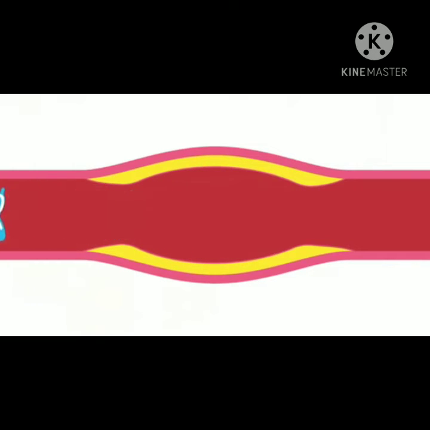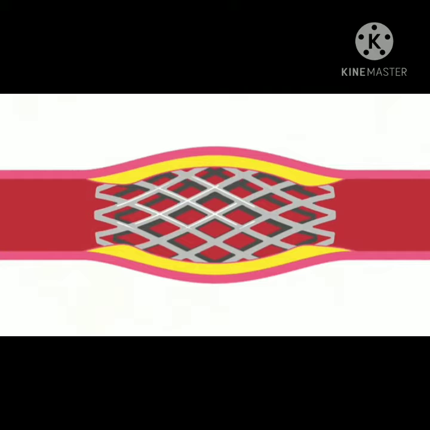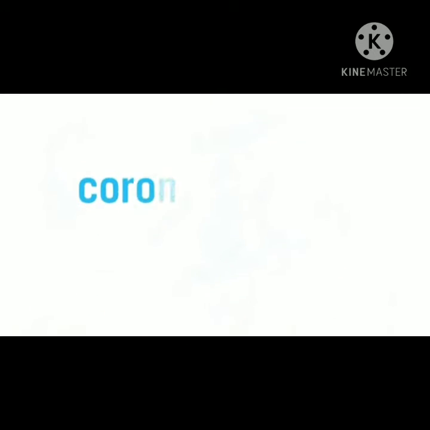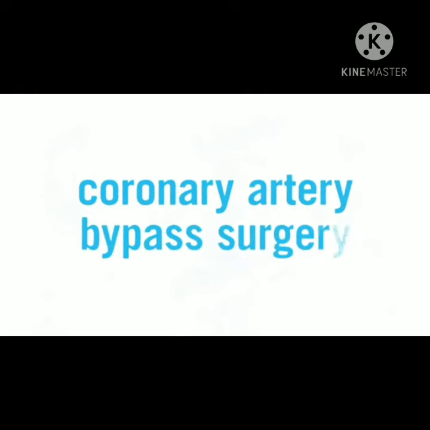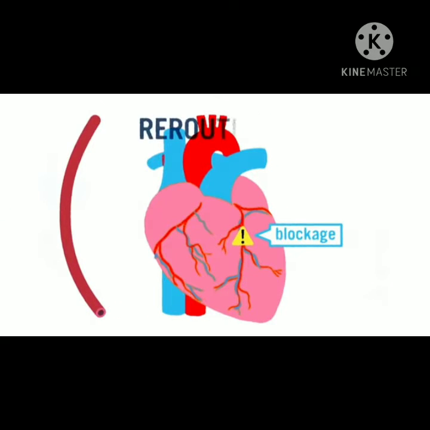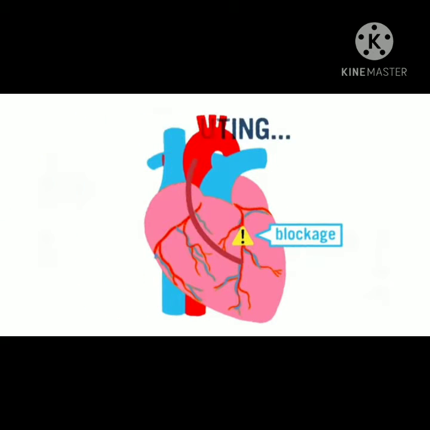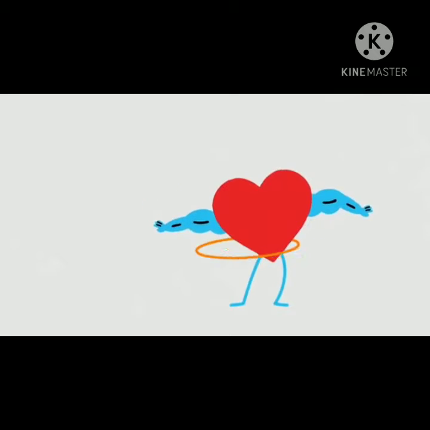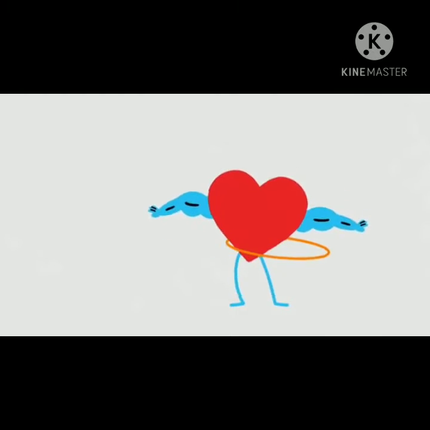Frequently, they also insert a metal or polymer stent that will hold the artery open. More extensive blockages might require coronary artery bypass surgery. Using a piece of vein or artery from another part of the body, heart surgeons can reroute blood flow around the blockage. These procedures reestablish circulation to the cardiac muscle, restoring heart function.